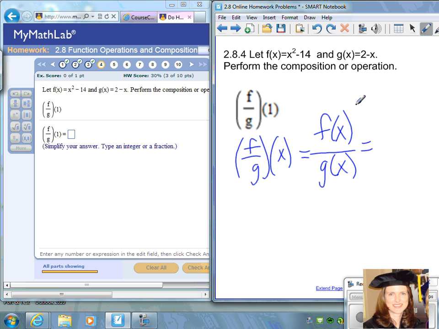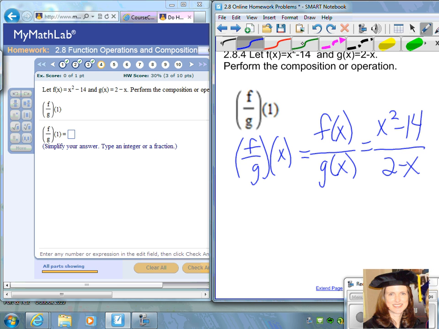And this is x squared minus 14 in the numerator, and 2 minus x in the denominator. Be careful here, don't try to cancel anything out. You can't cancel anything out if it's next to a plus or a minus sign. So you cannot simplify this, but we can evaluate it.